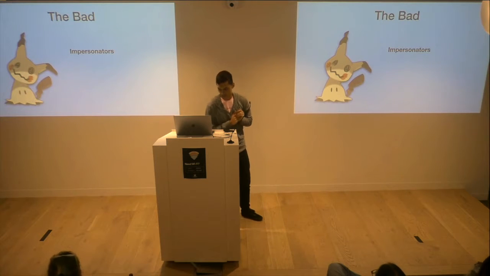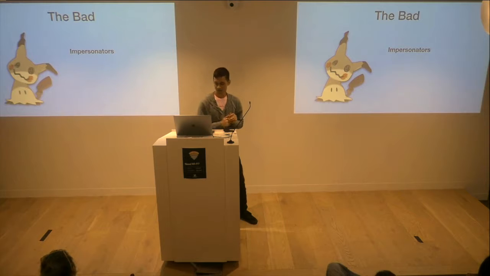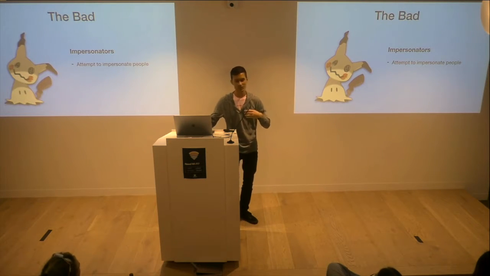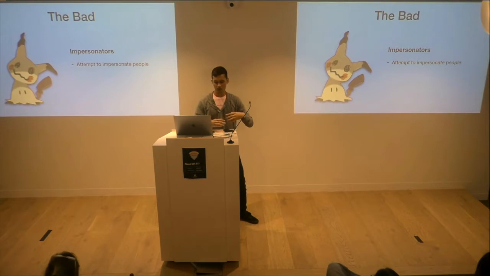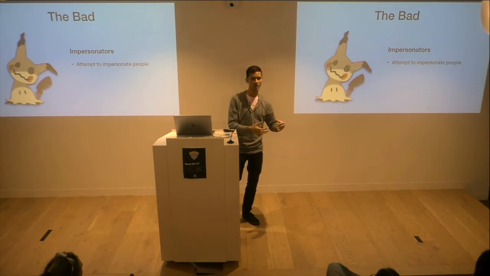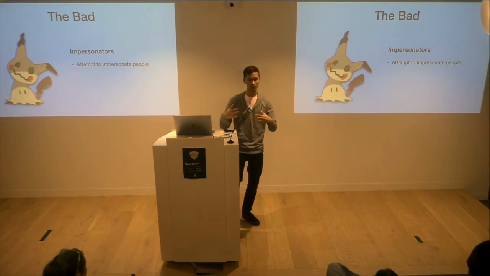So, the next type of bad bots, impersonators. Impersonators attempt to impersonate people. These impersonator bots might try to impersonate a specific person, or they might try to just impersonate general human behavior.